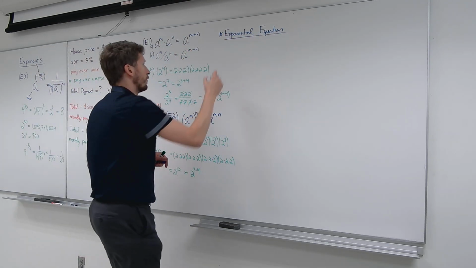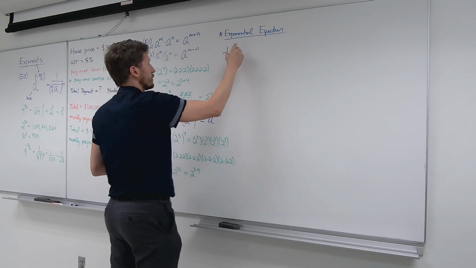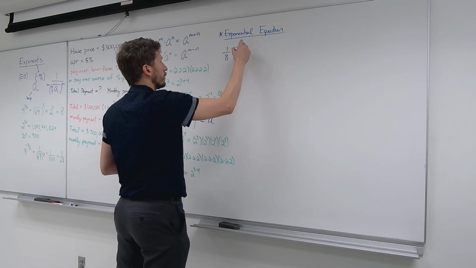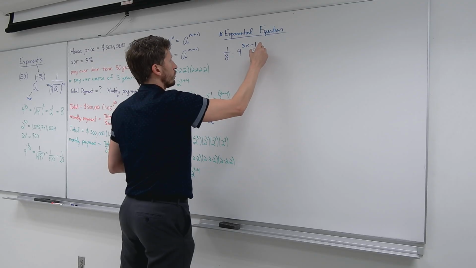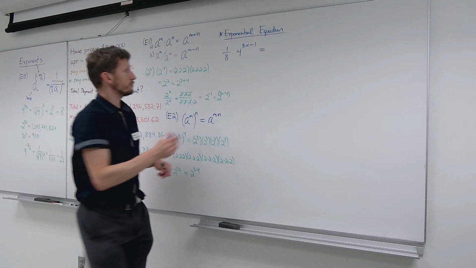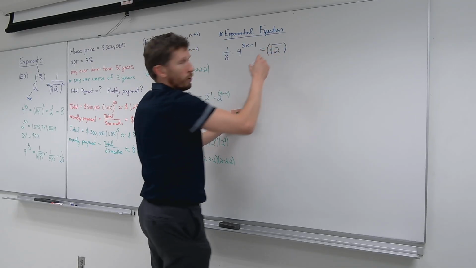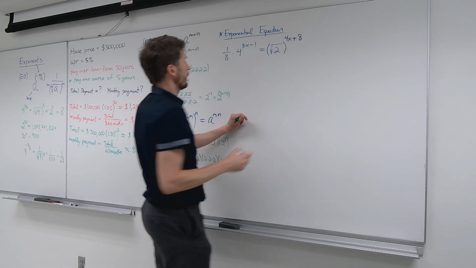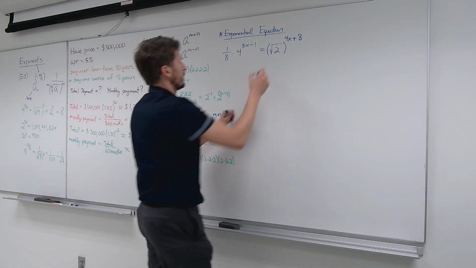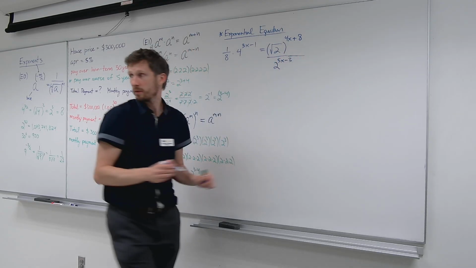So let's say I have 1 over 8 times 4 to the 3x minus 1, equals the square root of 2 to the 4x plus 8, and then divided by 2 to the 5x minus 3. So let's say I have this big mess.